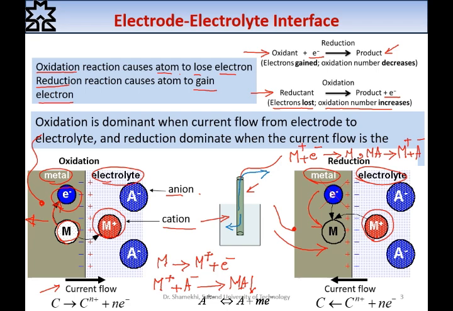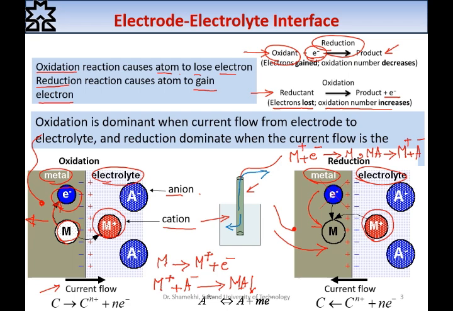And as you can see, M gains its electron and also A gains its electron too. Therefore, when an oxidant gains its electron, the reduction reaction is dominant.